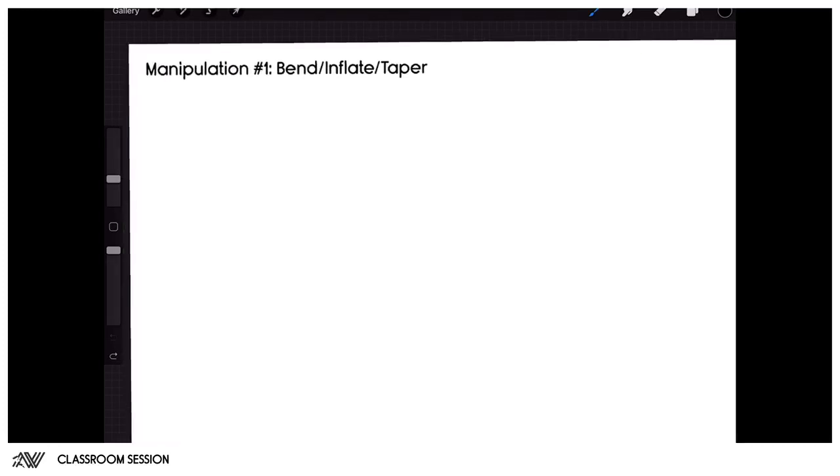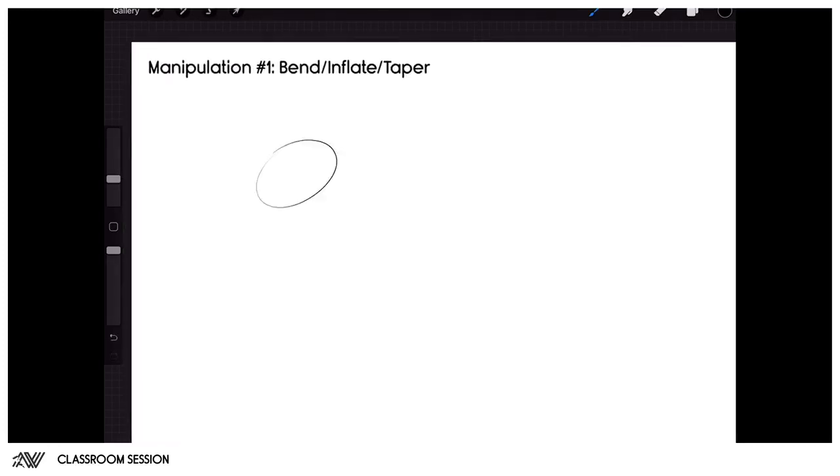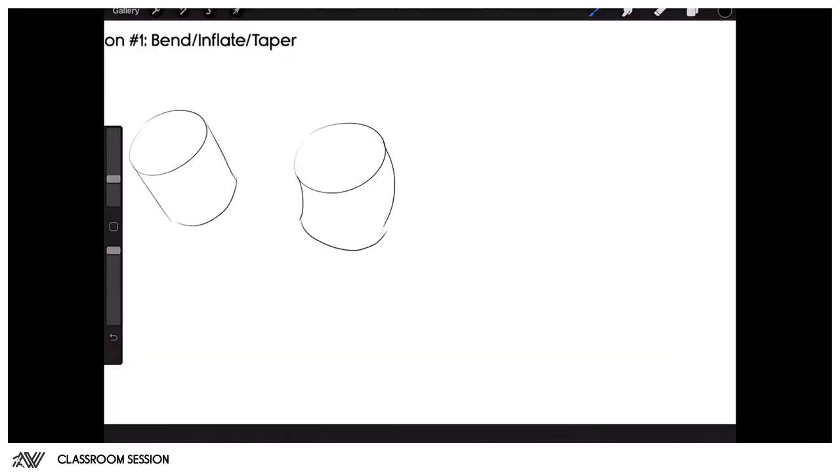So if we have a simple cylinder like this, what we are now going to do is manipulate it. And if we just bend it, right, we get something that maybe just looks like this. Fairly simple.